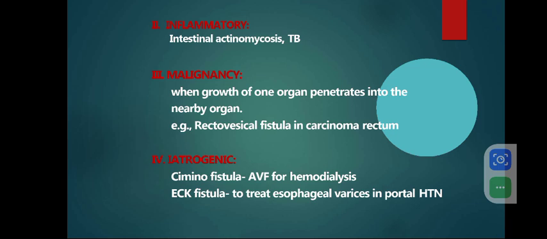Inflammation: intestinal actinomycosis, TB. Malignancy: when growth in one organ penetrates into the nearby organ, for example rectovesical fistula in carcinoma rectum.